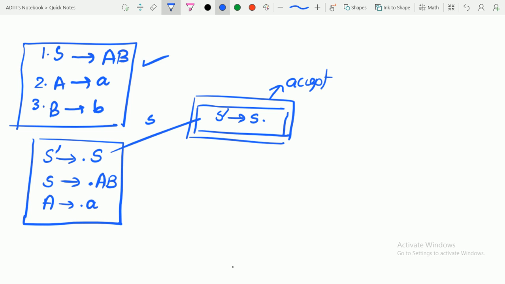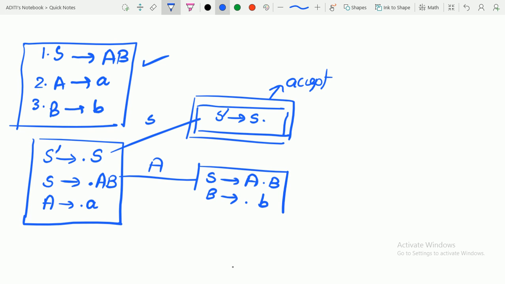Now upon getting A, we get S produces A dot B. The goto function is called here, so the dot is shifted to the right-hand side. Now there again is a dot followed by a non-terminal, B, so B's production must be added to this state: B produces dot b.